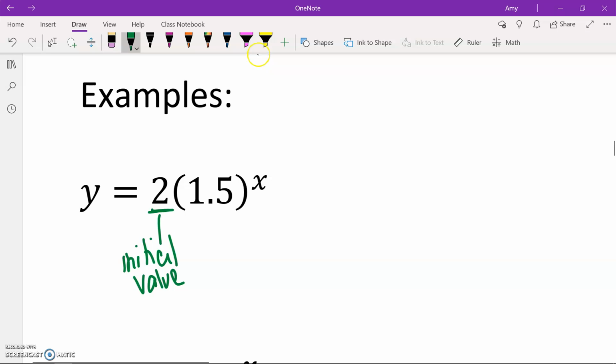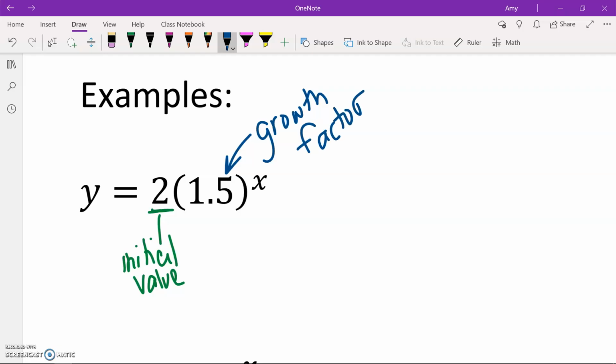Now, let's think about what happens as we multiply by 1.5. 2 times 1.5 is 3. 3 times 1.5 again is going to be 4.5. So my numbers are getting bigger. That tells me that this is our growth factor, because as I keep multiplying by 1.5, my output y is going to get bigger.